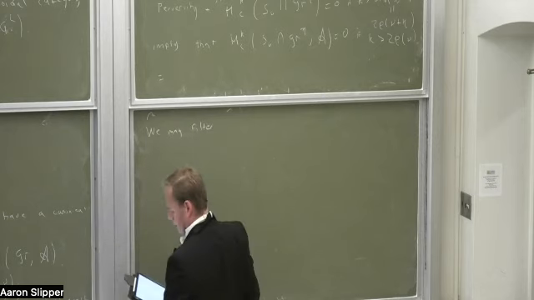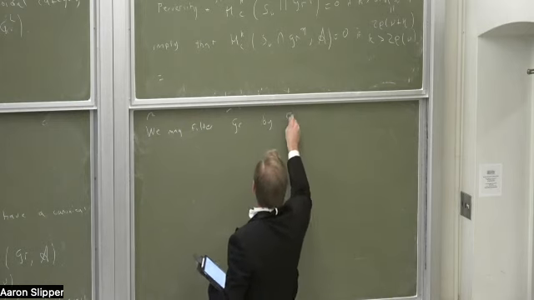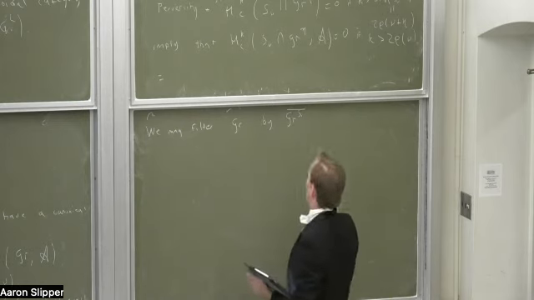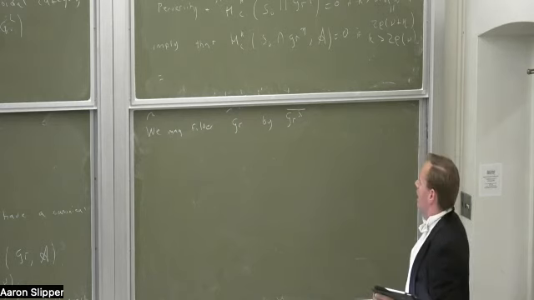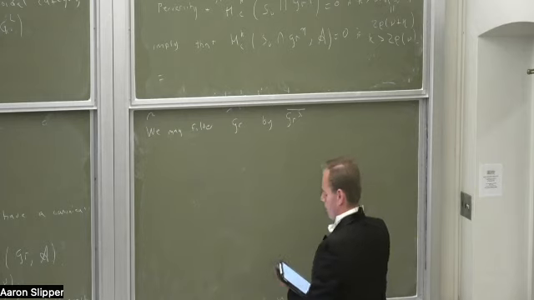We may filter the affine Grassmannian by these, I think they're also called Schubert cells. I call them spherical orbits, by their closures, these spherical orbits.